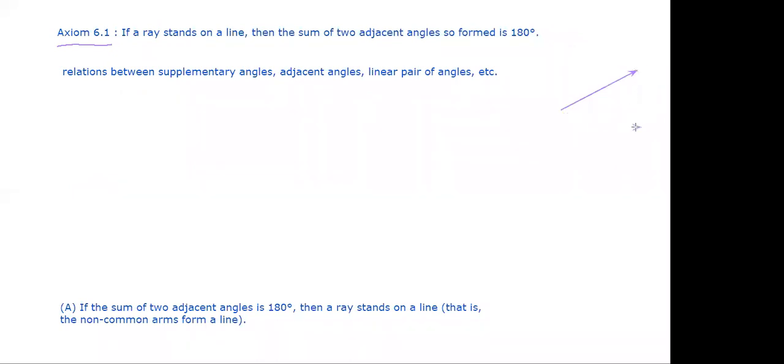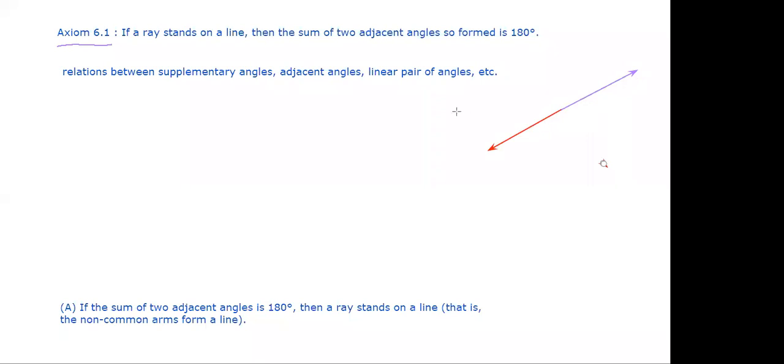It is going towards infinity, right? This is a ray. And if I extend this point also till infinity, it becomes a line. Otherwise, these two are rays.